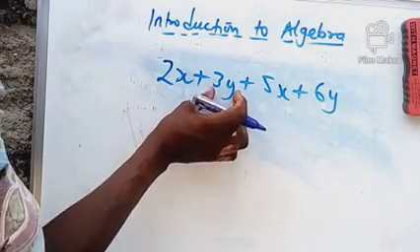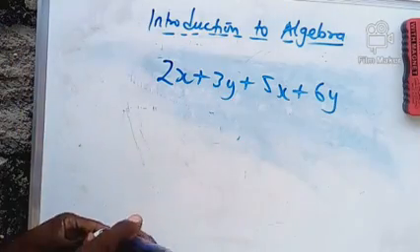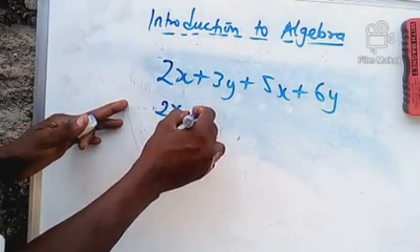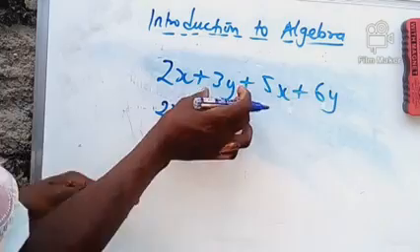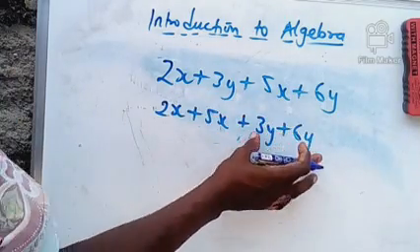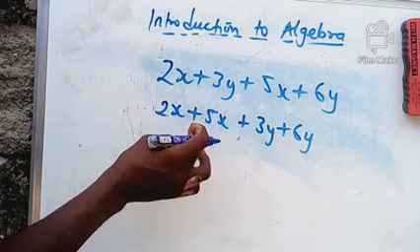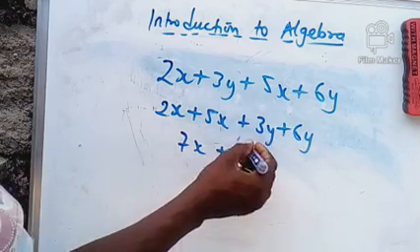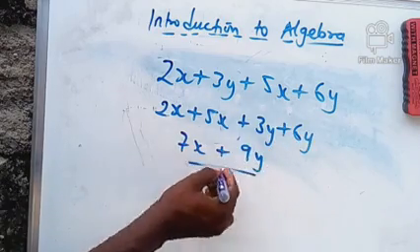Notice that we also have like terms 3y and 6y. So what we do is we collect the like terms. We have 2x plus 5x, and the other like terms, 3y plus 6y. We can add the like terms together: 2 plus 5, we have 7x; 3 plus 6, we have 9y. And this is the answer.